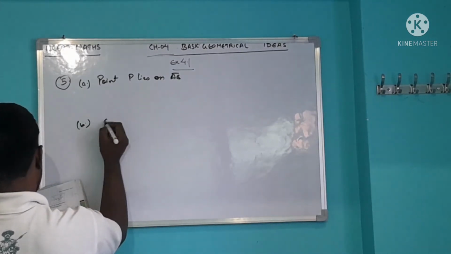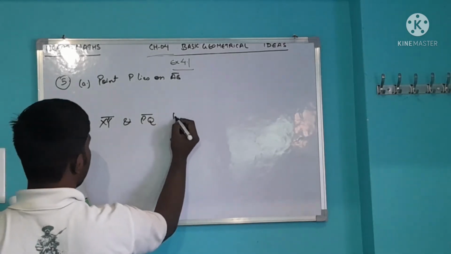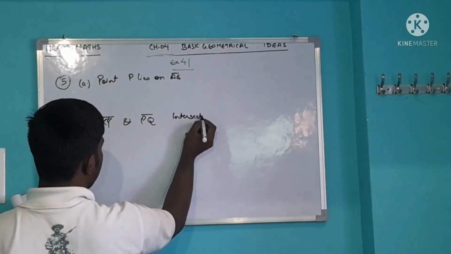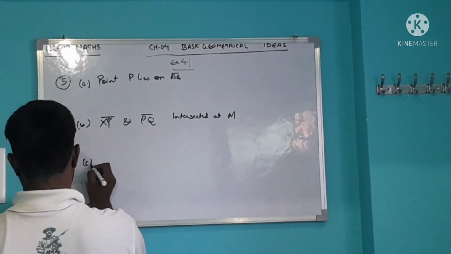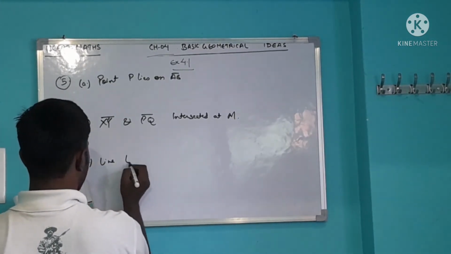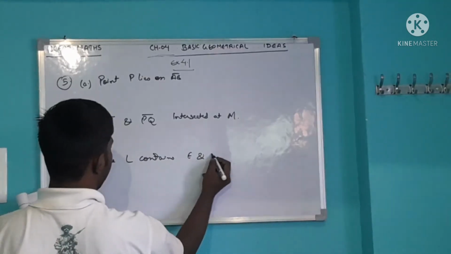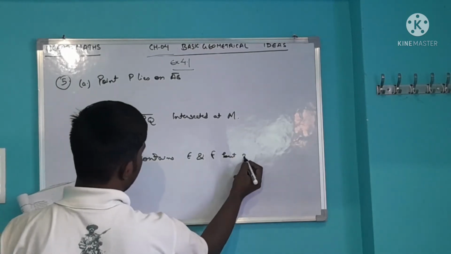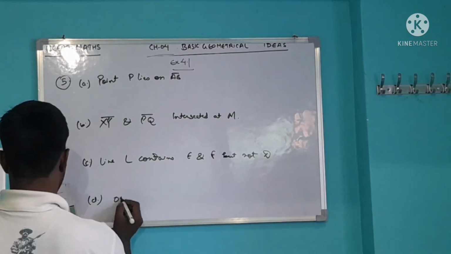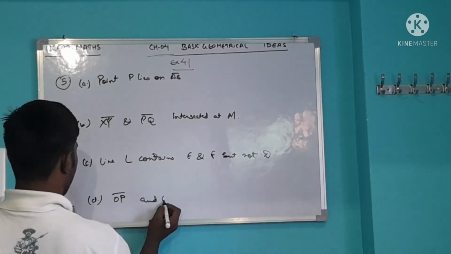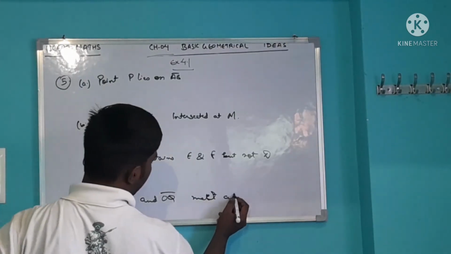Our B part will be XY segment and PQ segment intersected at M. C part will be line L contains E and F but not D. For D part is OP segment and OQ segment meet at O.